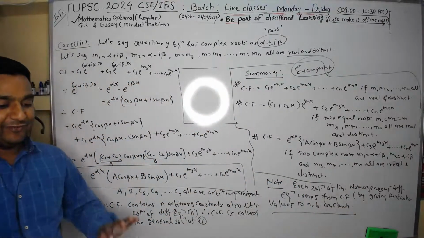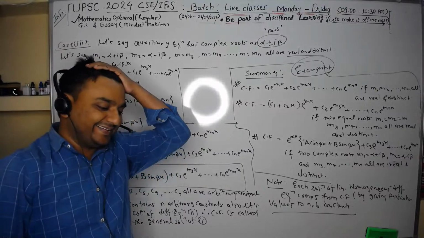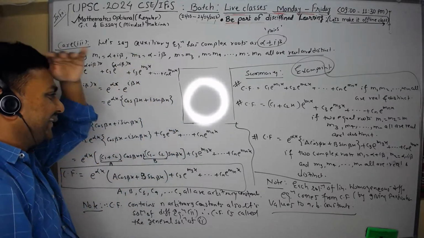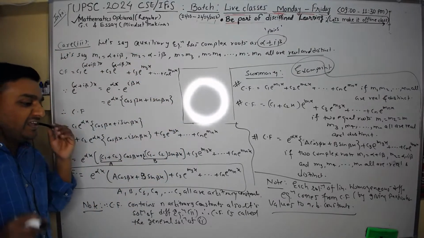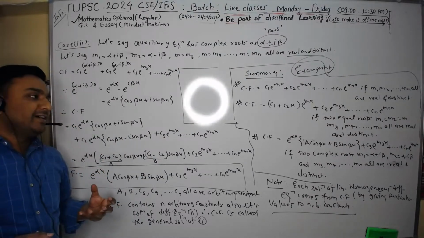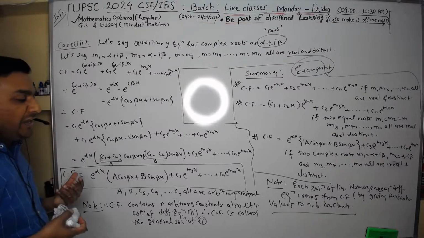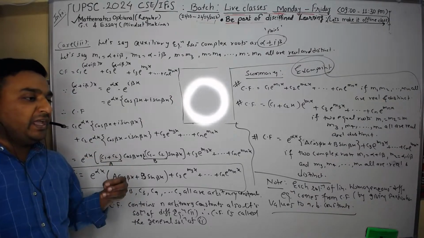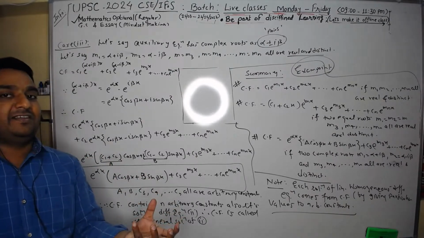Now I am done for the lecture. These are some basic things which you people ignored at your graduation level. I think it's my prime duty to tell you, to make you aware with the basics.